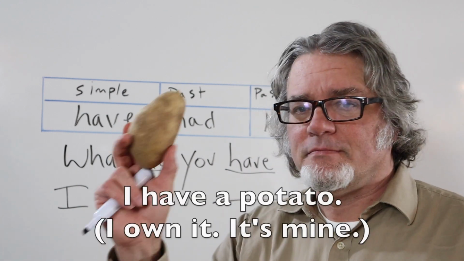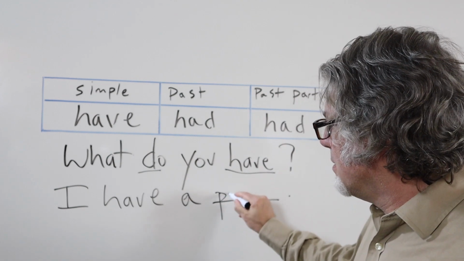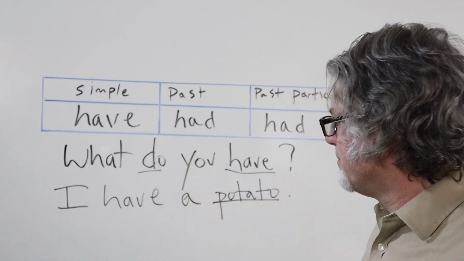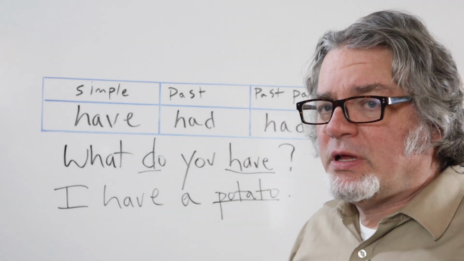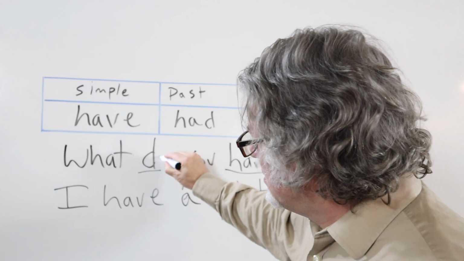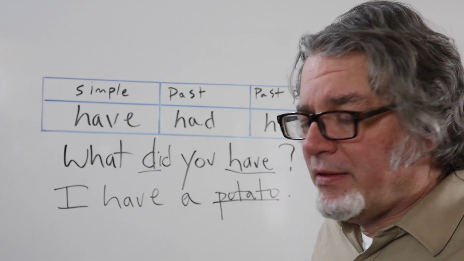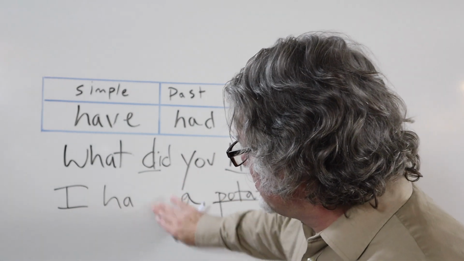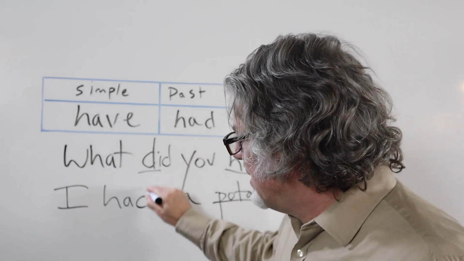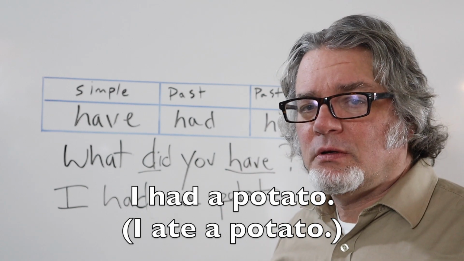I have a potato. If I put it in the past tense, just change the helping verb. What did you have? And then this changes to the past tense. I had a potato.